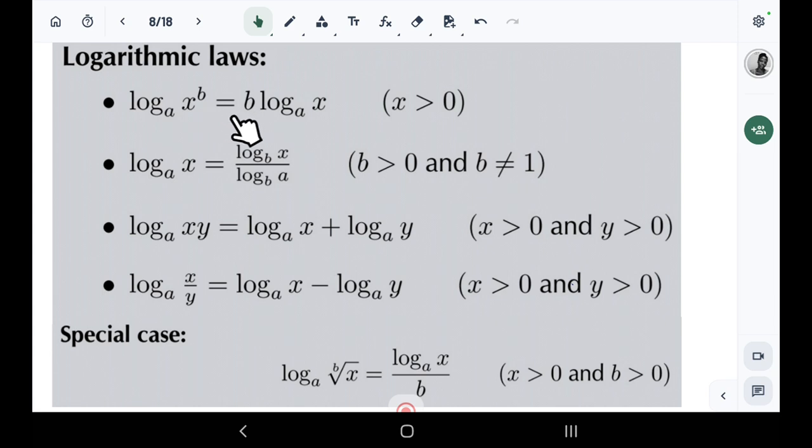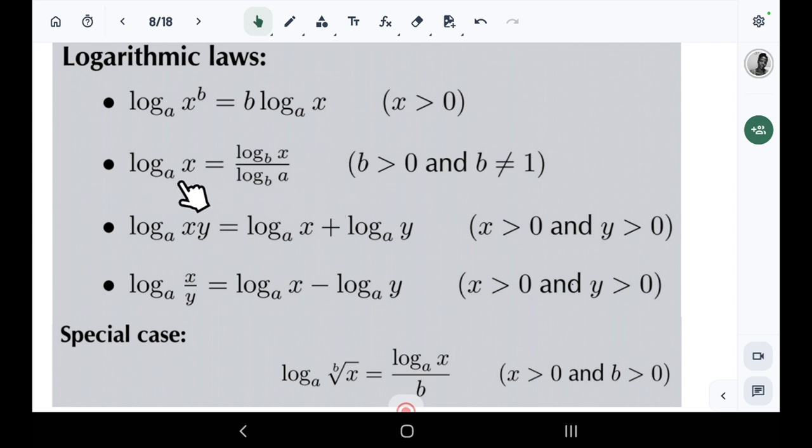Therefore, that is equal to, all you do is multiply the whole log by b. So you take b to the left-hand side and multiply it by the log of x to the base a. Now, x must be greater than 0. In other words, it must be positive. x cannot be negative.